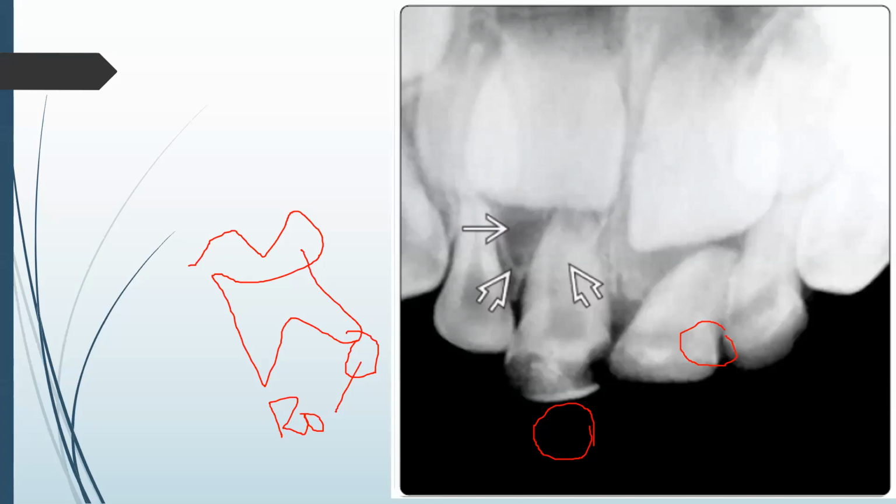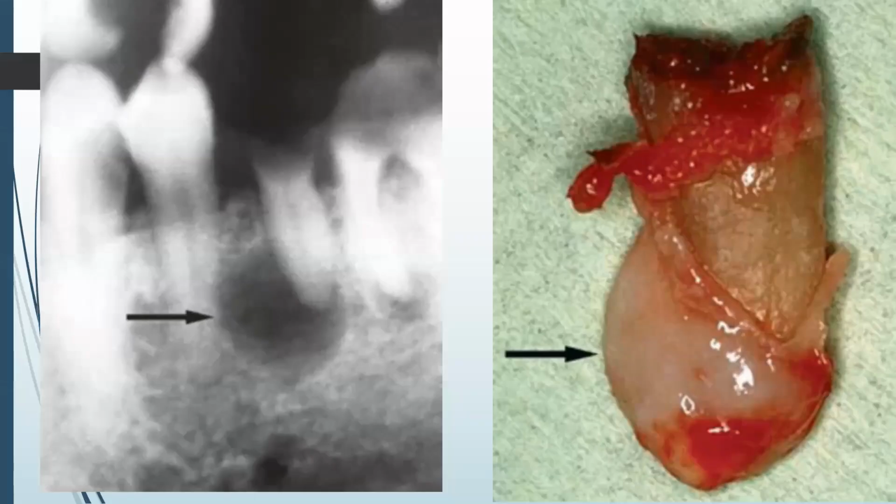But you can see there is a sclerotic border over here. So this is the follicular space of this tooth, and the periapical radiolucency of this tooth is this one. These two arrows are indicating the follicular space, and there's a separate arrow which indicates the periapical infection of this particular tooth. So don't get confused when there is some superimposition.